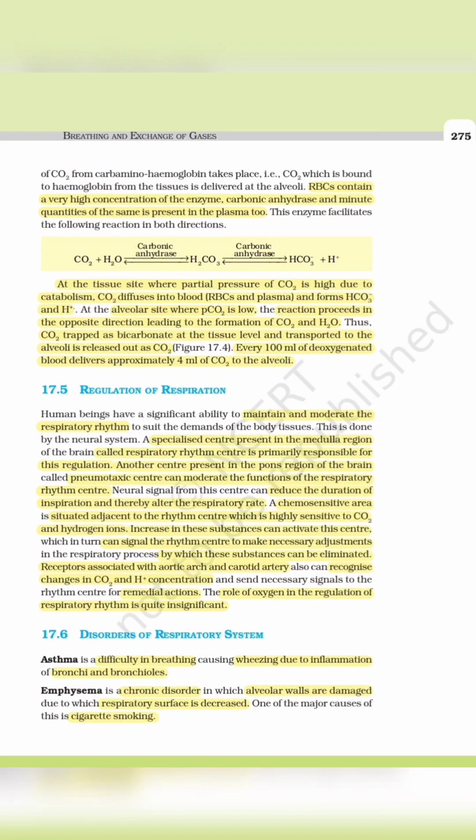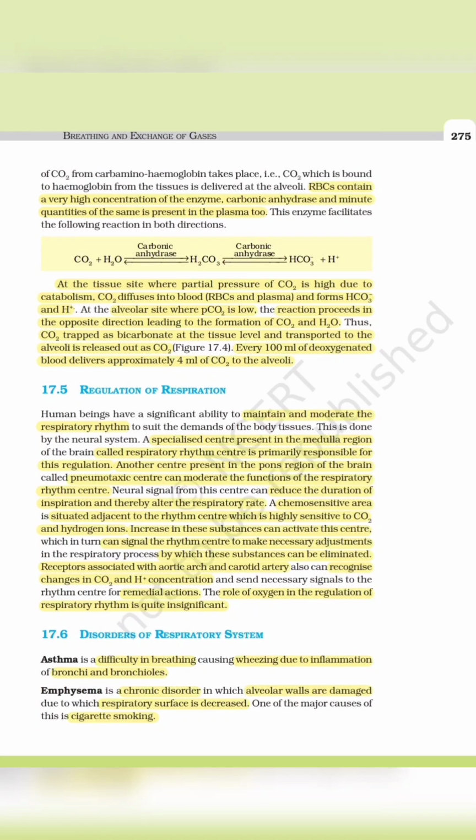RBCs contain a very high concentration of the enzyme carbonic anhydrase and minute quantities of the same is present in the plasma too. This enzyme facilitates the following reaction in both directions. At the tissue site where partial pressure of CO2 is high due to catabolism, CO2 diffuses into blood and forms HCO3- and H+.